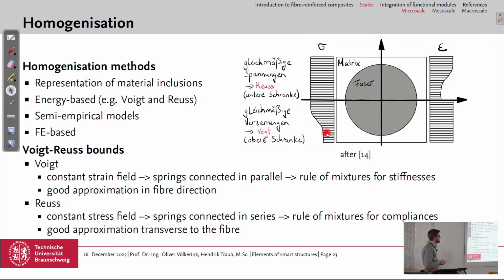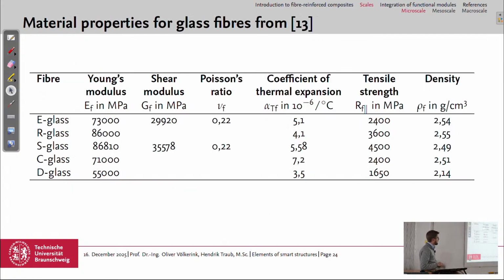And in the Voigt model, you assume that you have the same strains over the cross-section, but different stresses. Here the fiber is stiffer, so the stresses would be higher than in the matrix. The Voigt model is a good approximation to get the properties in fiber direction, and the Reuss model is a rather good approximation for the transverse direction.